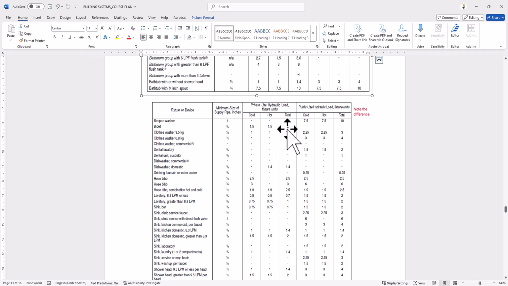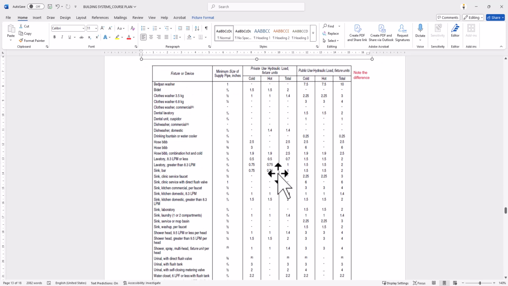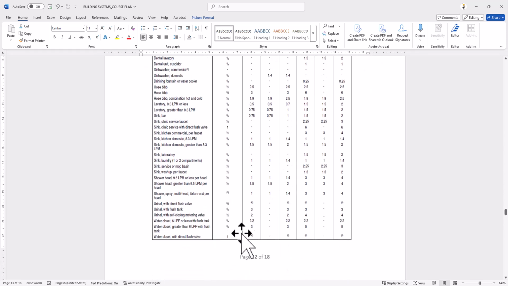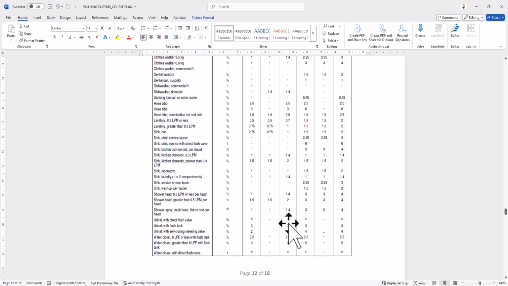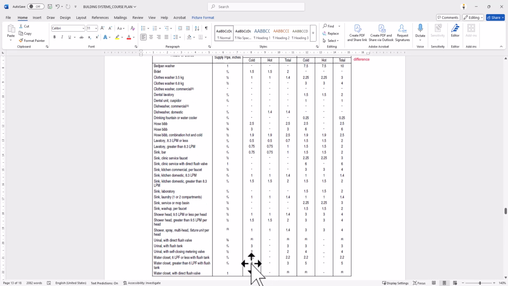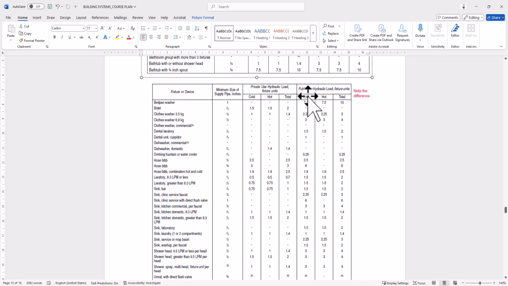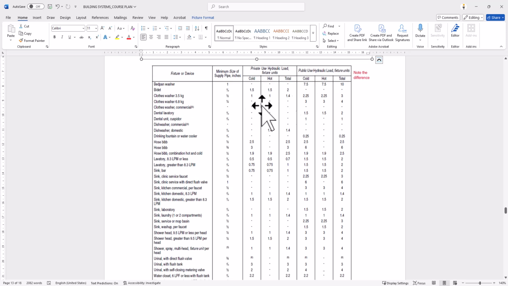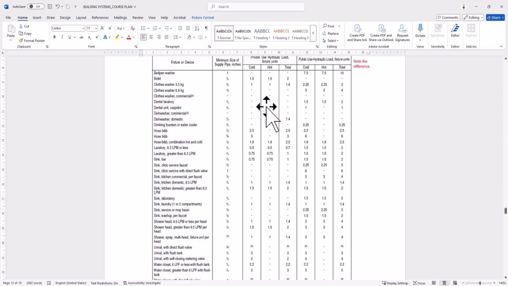So sinks, or lav sinks as they're called here, the lavatory, have hot and cold, whereas a water closet, a toilet, is only going to have cold water. So it's going to have a cold water and a combined total. And again, if it's public or private, you need to make that choice in order to find that number and put it into your table.